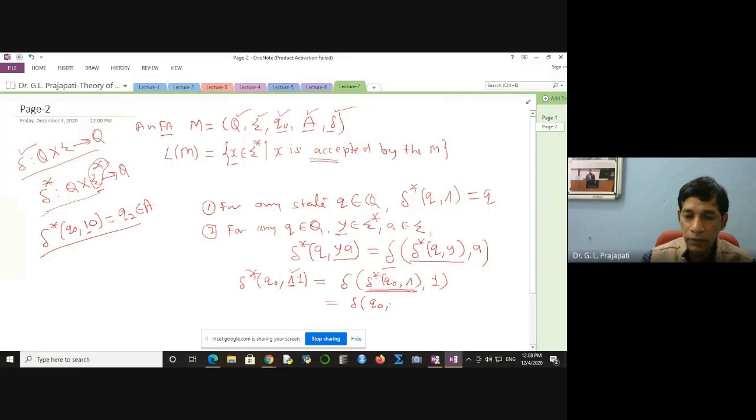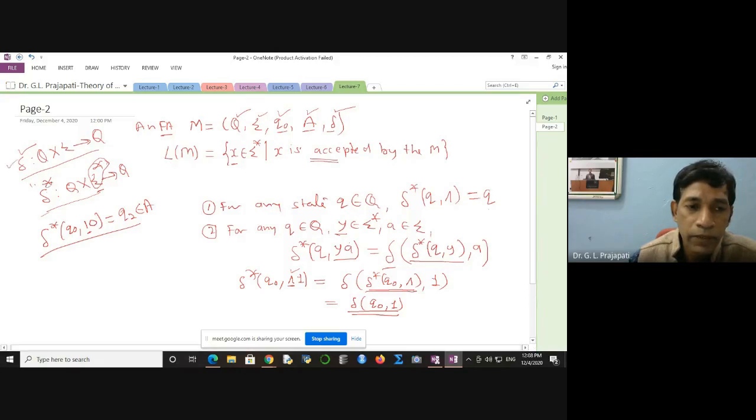Whenever you are at q0 and you receive 1, you go according to the transition of the machine. This is the way I am using delta star. The delta star is the extended transition function. This is not the transition of the machine. Delta star shows what is the last state of your machine on receiving the input string.